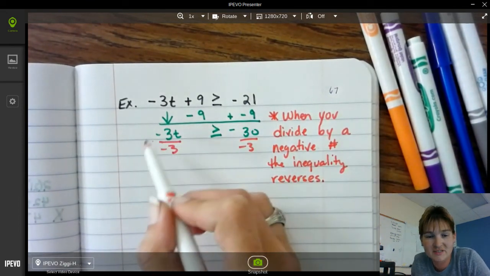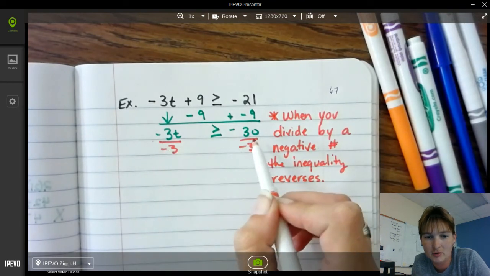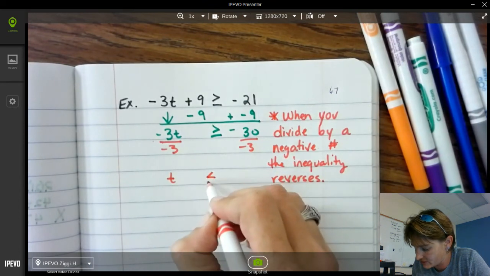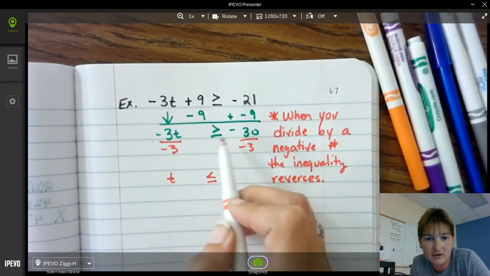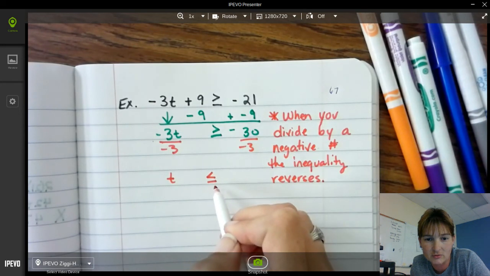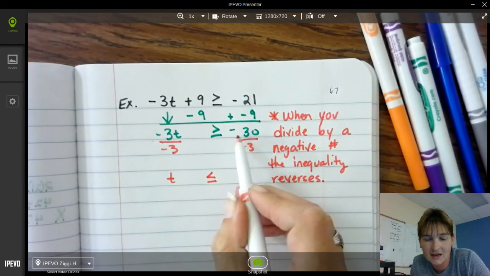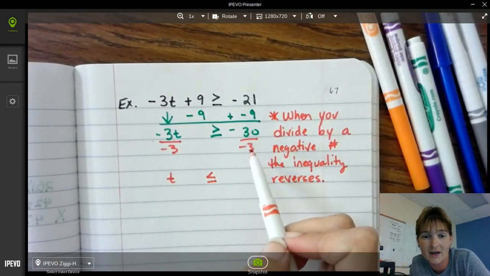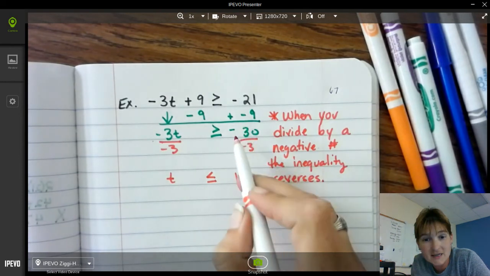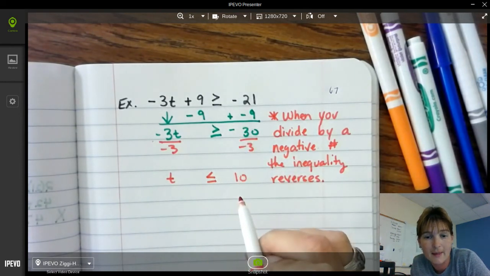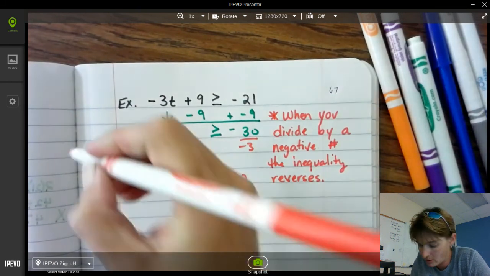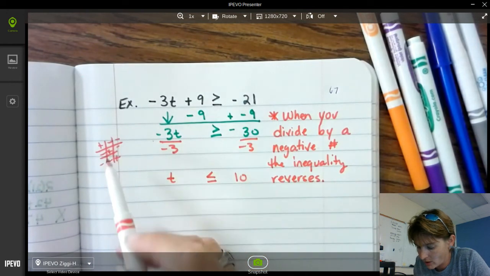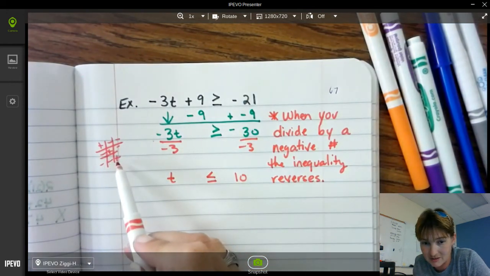Okay, so since I am dividing by the negative 3 on both sides to get t by itself, the inequality then reverses. Instead of having the greater than or equal to, now I have the less than or equal to. Let's do our division. 30 divided by 3 is 10, and a negative divided by a negative equals a positive. If you didn't remember, you can use your tic-tac-toe for a negative divided by a negative equals a positive. All right?